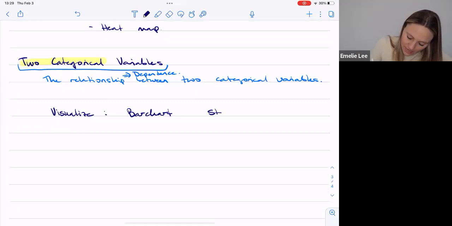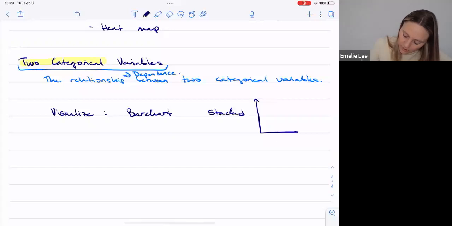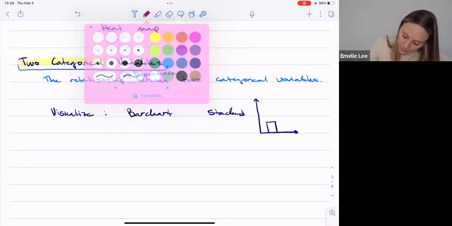It can be stacked, meaning that a bar, right? So category 1, maybe I'll do this.